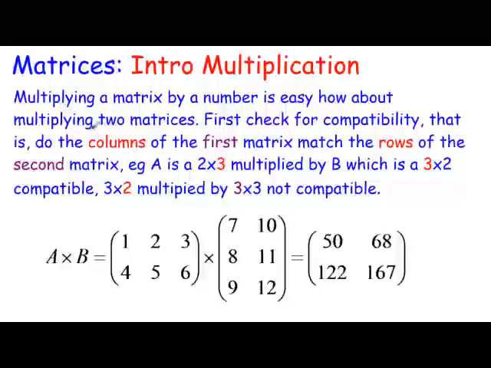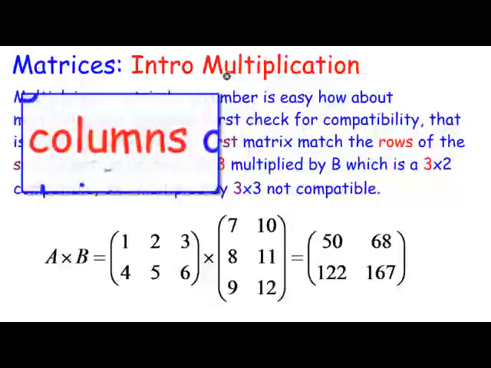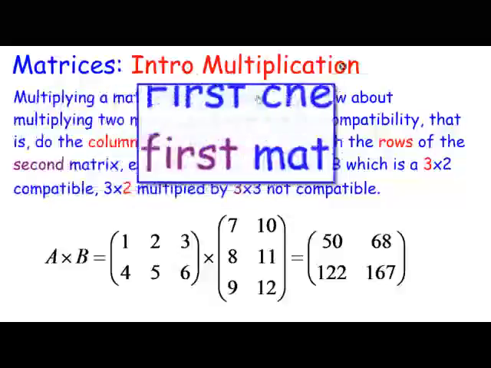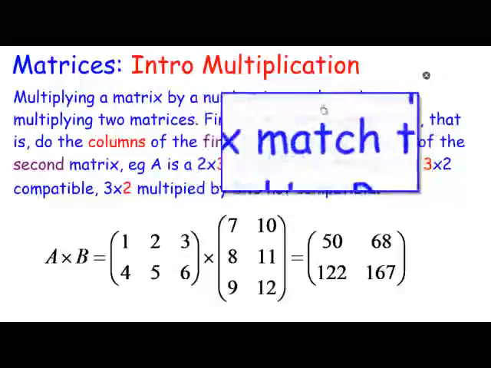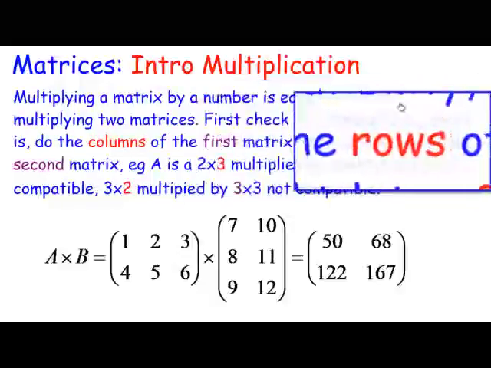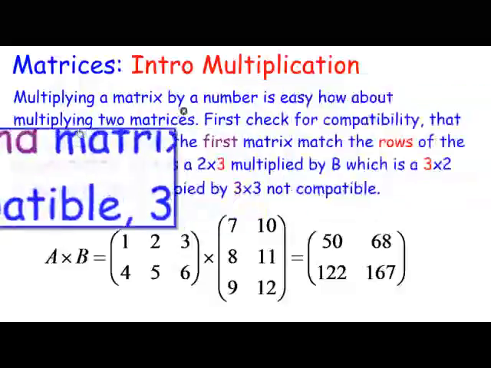This is quite important. First up, the columns of the first matrix have got to match the rows of the second matrix.